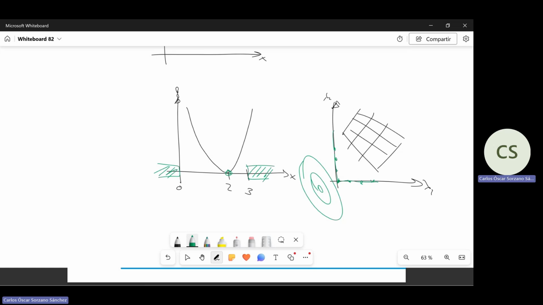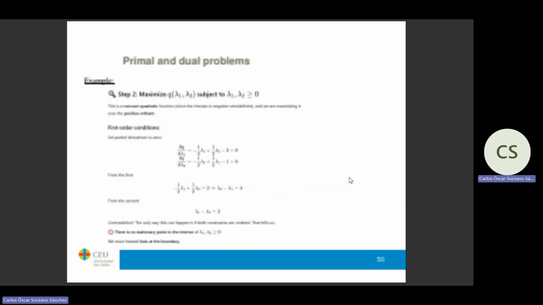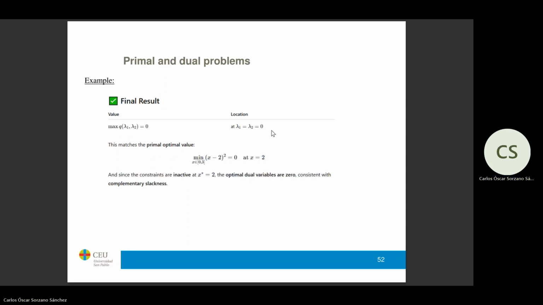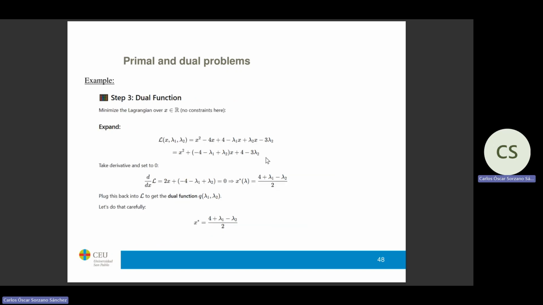So none of the constraints is active, and that is the meaning of lambda 1, lambda 2 equals 0. See? None of them is active. And then you are in an unconstrained problem, and you could solve it again, or you already know the solutions because you have found, given lambda 1, lambda 2, what is the best x for that combination of lambdas.